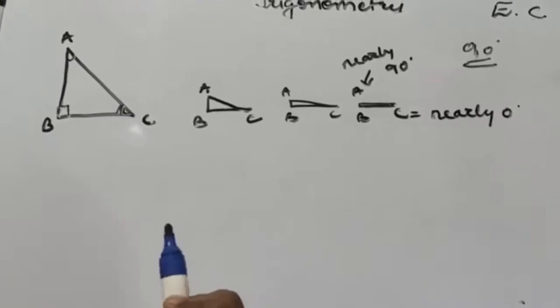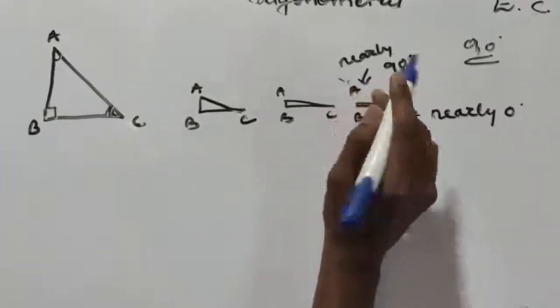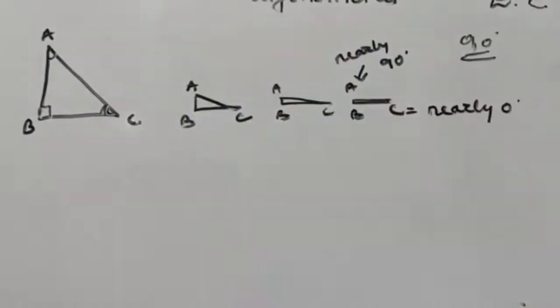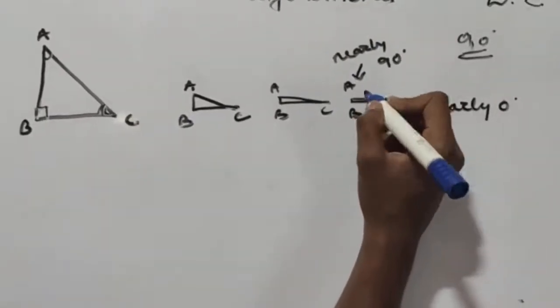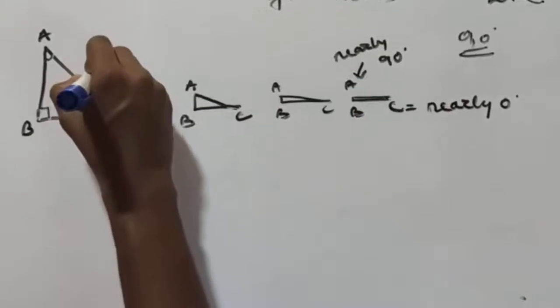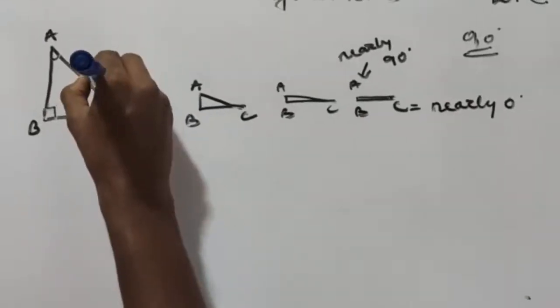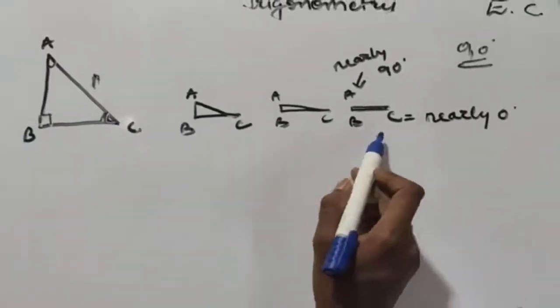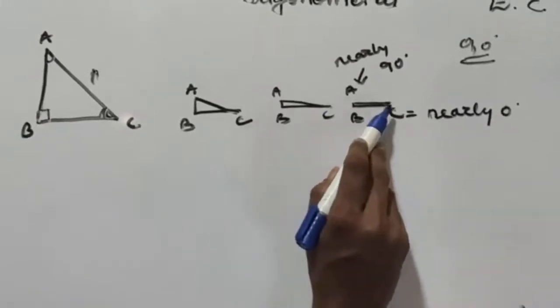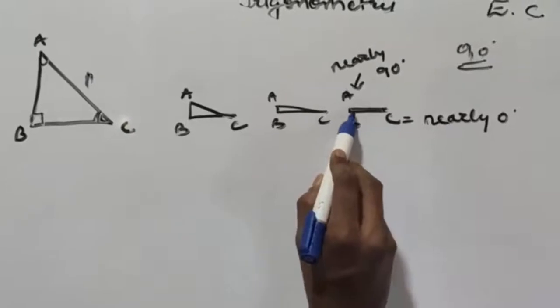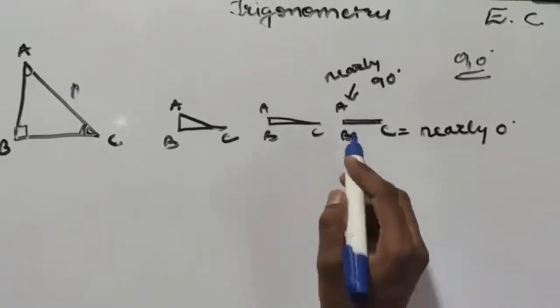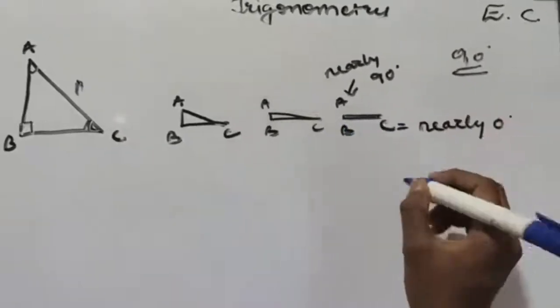Okay, we are considering this angle A. Fine, let us consider the length of side AC as 1. Here, as angle C is nearly 0, side AC is nearly equal to side BC, or we can say that side AC is equal to BC.